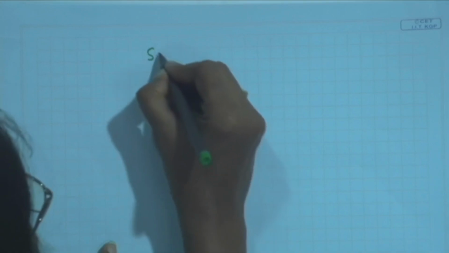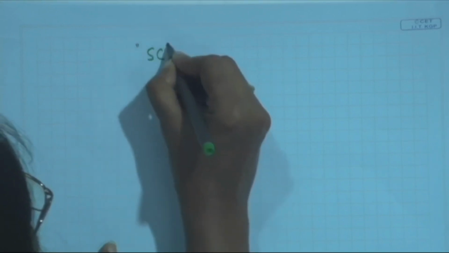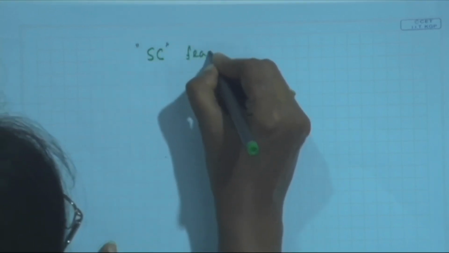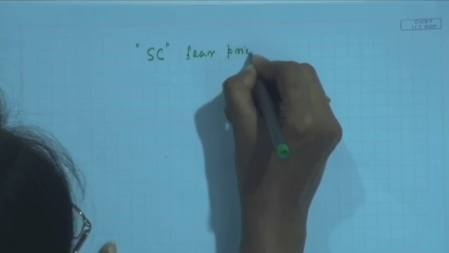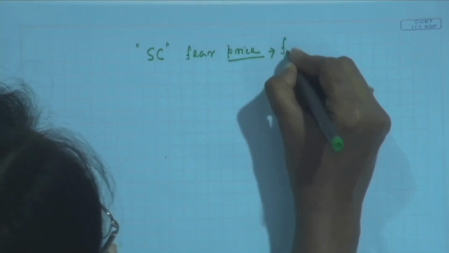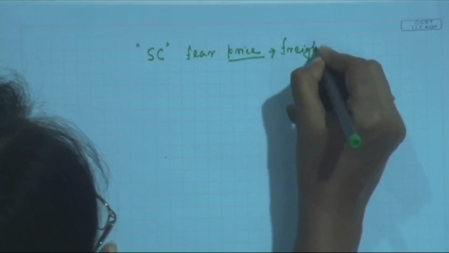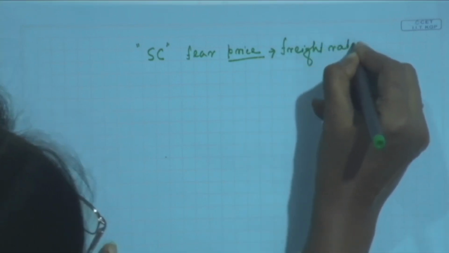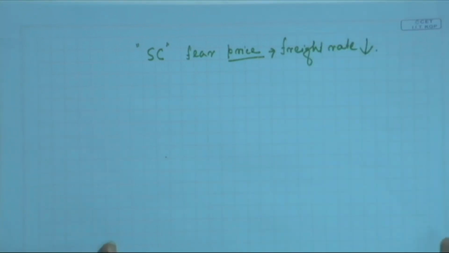So the shipping company is fearing that the price is going to go down. How will he mitigate the risk? Let's say we name the shipping company as SC. SC's fear is price. When I am using the word price, I mean the freight rate is going down. So how will he mitigate this risk with respect to FFA?